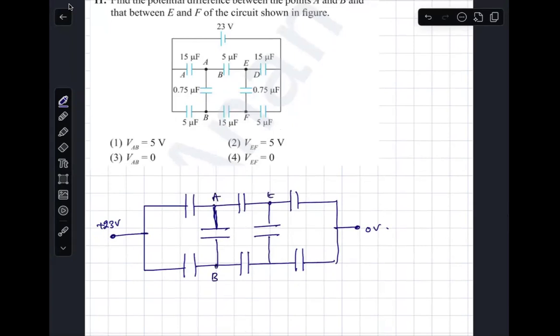Here is your E, here is your F. 15 microfarad, 5 microfarad, 3 by 4 microfarad, 5 microfarad, 15 microfarad, 15 microfarad, 5 microfarad, 3 by 4 microfarad.